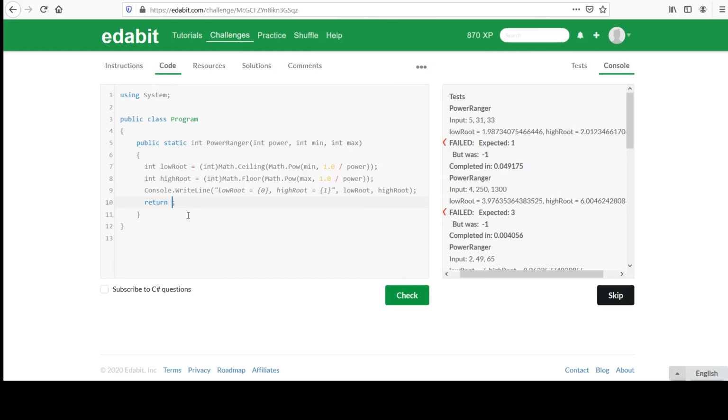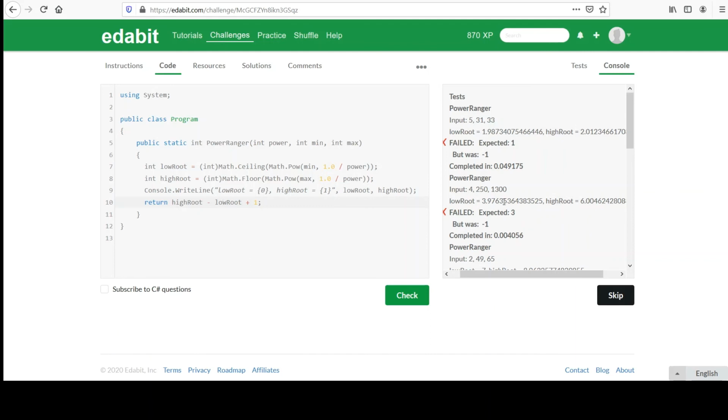You can say high root minus low root, and then add 1 to that for counting purposes. So consider this example, right? We know that the answer is 1, and if you take 2 minus 2, you get 0, and if I add 1, that makes 1.